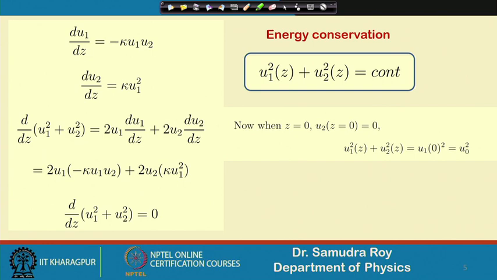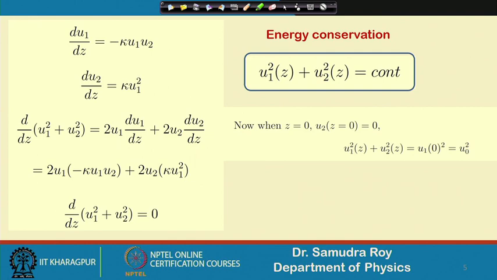Now, the coupled equations are here, where u1 and u2 are coupled to each other, which are the two coupled equations for the fundamental wave and the second harmonic. So, we just replace du1/dz and du2/dz with the values we have in our mother equation.